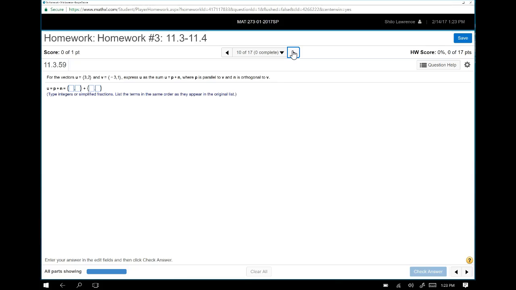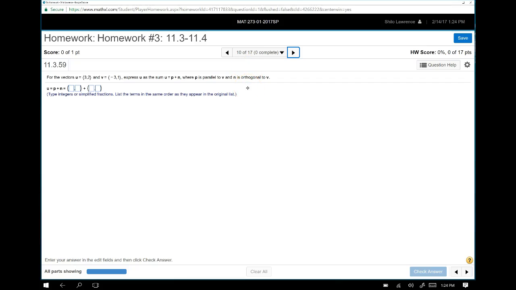So we want to break apart U into two pieces. One of them is going to be in the same direction as V. So we want to project U onto V. And then we want the orthogonal projection.